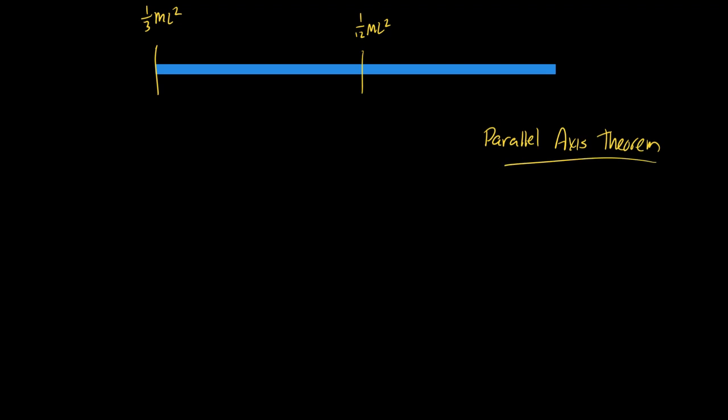This is heavily used on the exam, worth remembering. It says, if you know the moment of inertia about the center of mass, if you know that one, then you can shift to any parallel axis by adding m x squared, where x represents the shift distance.